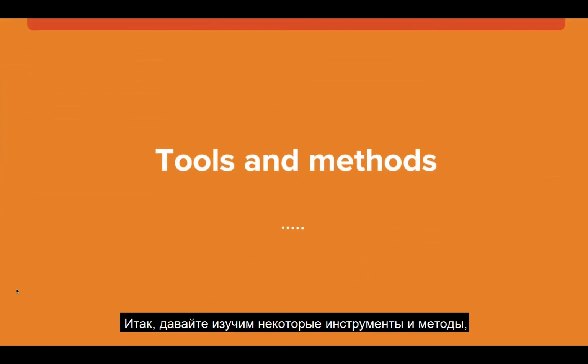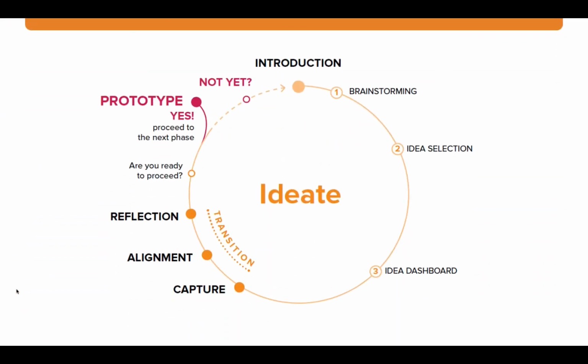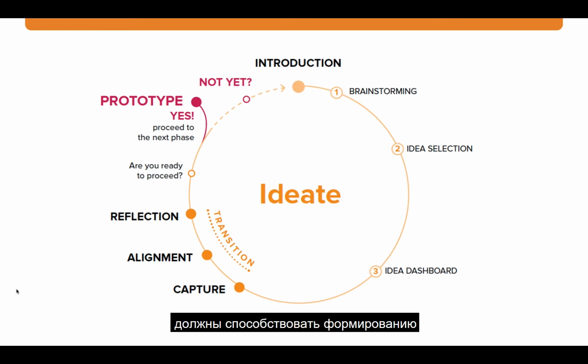So let's look at some tools and methods we will be using during the ideate phase. The tools in the ideate phase of the process are focused on generating as many solutions to a problem as possible. The goal of this phase is to use the how might we questions that you created in the last phase to generate many solutions using collaborative brainstorming.